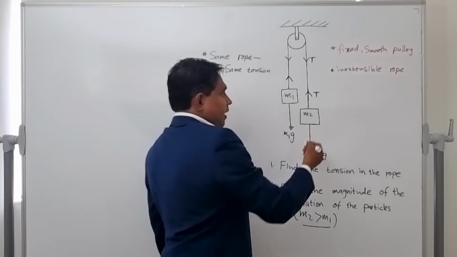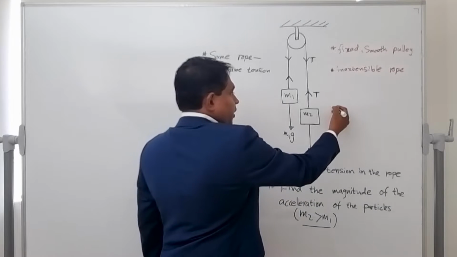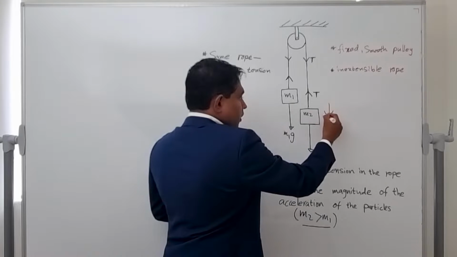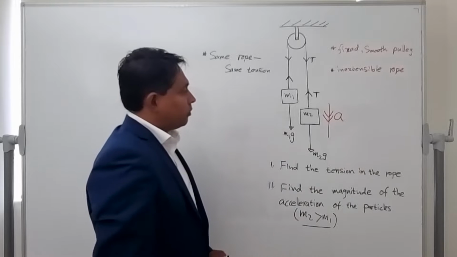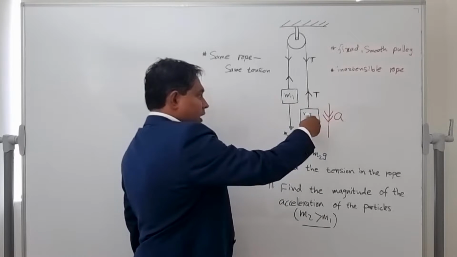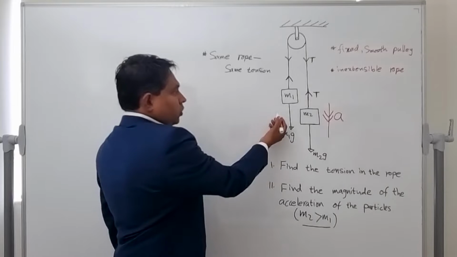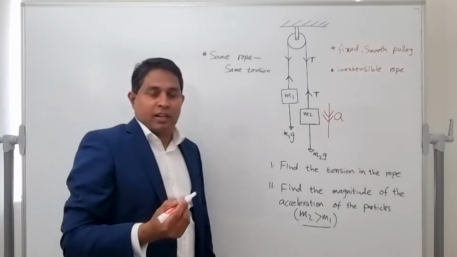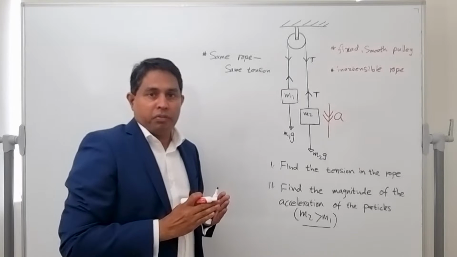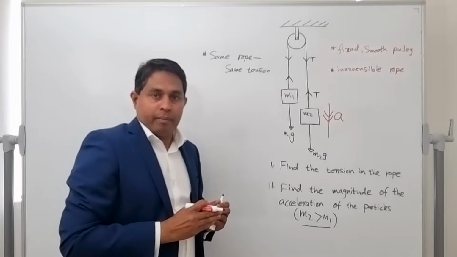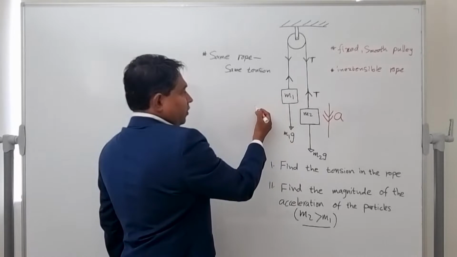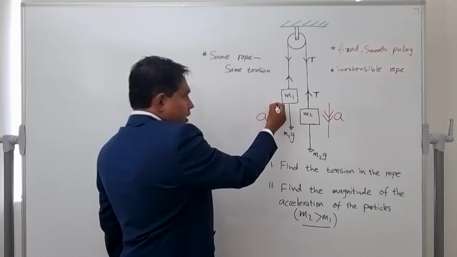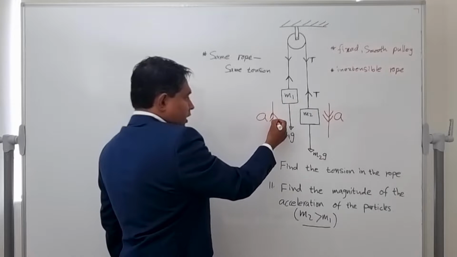We can take that acceleration as a, with the direction shown here like this. It's moving with acceleration a, essentially moving down. So this particle moves up with the same acceleration, I mean the magnitude of the acceleration remains the same. The acceleration is a, but as this one is moving up, the direction should be vertically up.